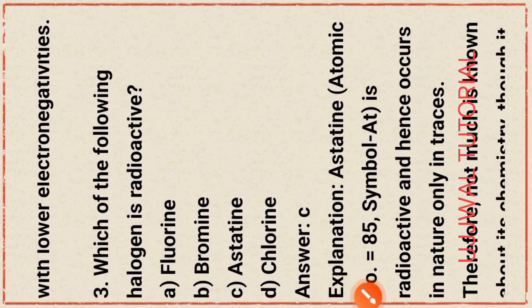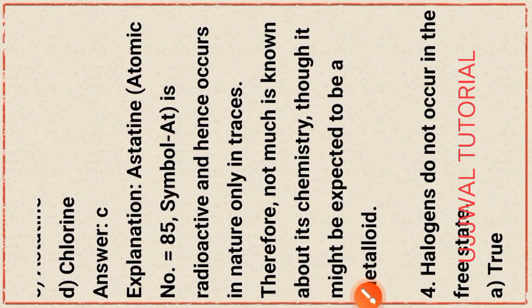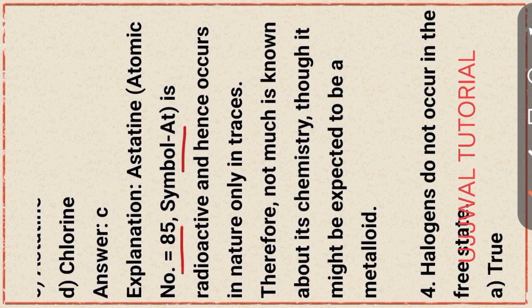Next question, question number 3: Which of the following halogens is radioactive? That is option C, astatine. To explain, astatine, with atomic number 85 and symbol At, is radioactive and hence occurs in nature only in traces.